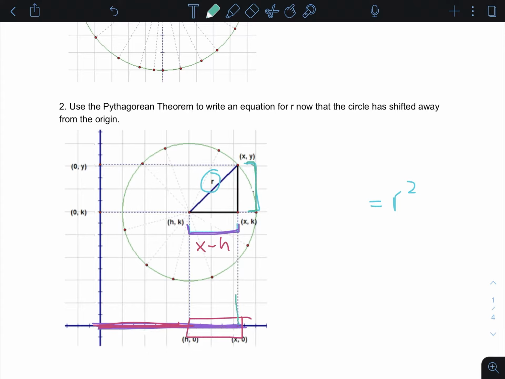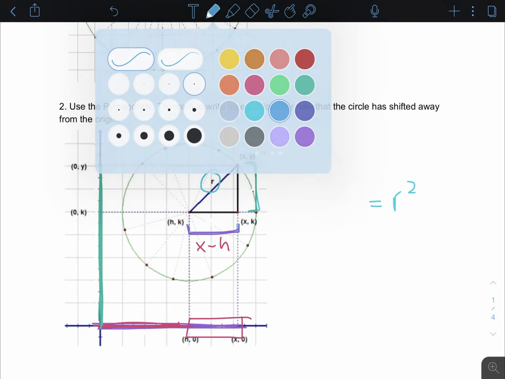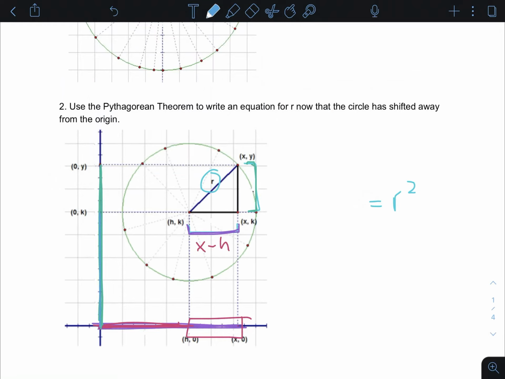So we know the total distance is a height of y, and I should have drawn that maybe over on this side on the axis. So we know that is a total distance of y, and then we know that this is a distance of k. So if we take y and we subtract k from it, it leaves us with this little piece, which we know is this distance here.